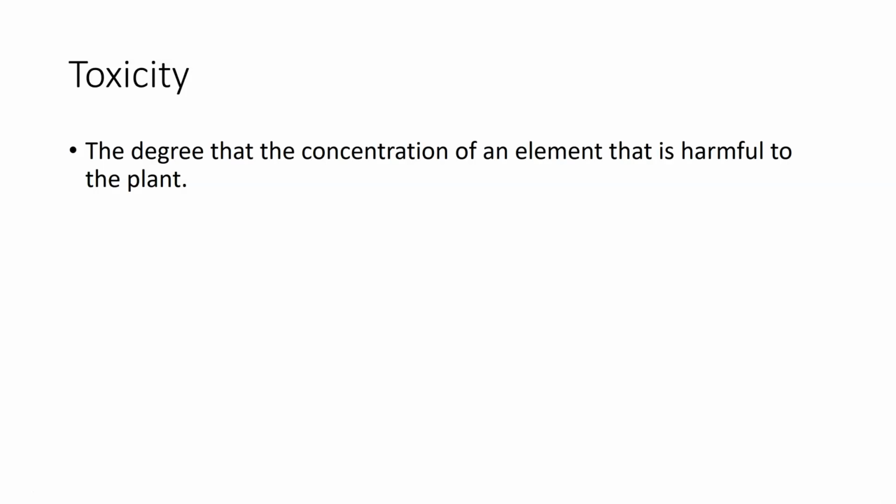When we look at toxicity, we're looking at the degree of concentration of an element that now becomes harmful to the plant because we've got too much of it. The ranges of this vary greatly on species. When we look at toxicity, we will talk about certain materials that are toxic but can be quite problematic. When we look at different materials in different plants, we talk about sufficiency, deficiency, luxury consumption, and toxicity.